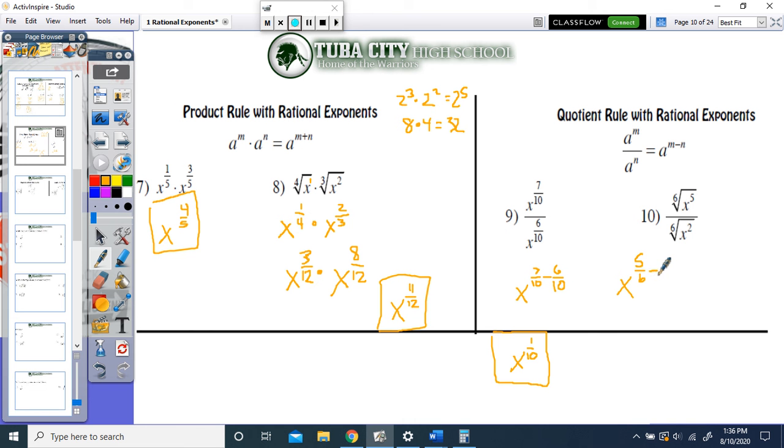Now I'm going to subtract it from this one here. Top number is the inside number, and the index is the bottom number. Again, index is the bottom number. So let me put x. 5 minus 2, right? 5 minus 2 is 3.